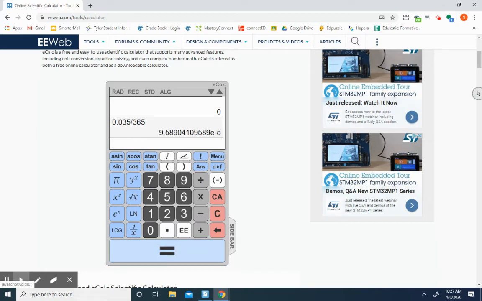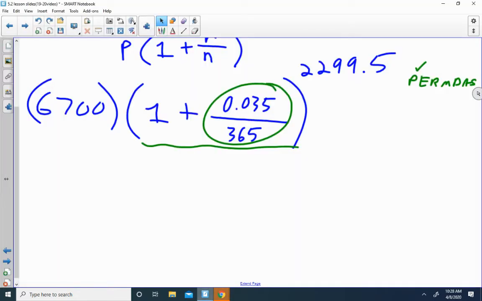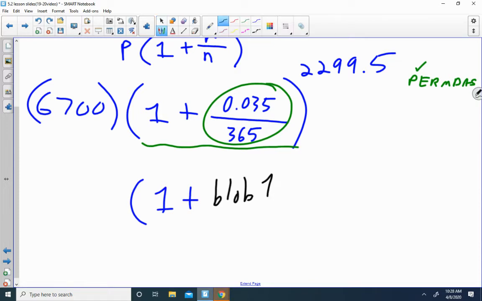And we get that nasty number again. And again, let's just call this blob 1 so you don't have to write all those digits out. All right, so if we rewrite that, it's going to be 1 plus blob 1. All that still raised to the power of 2299.5 and still multiplied by 6,700.